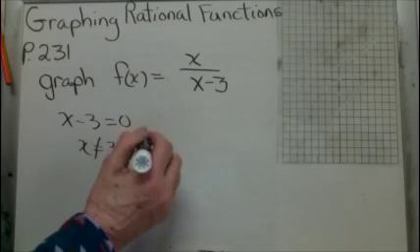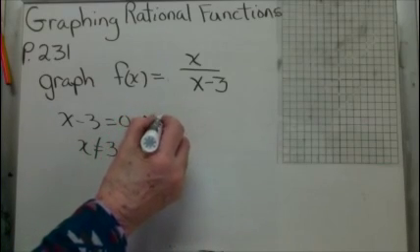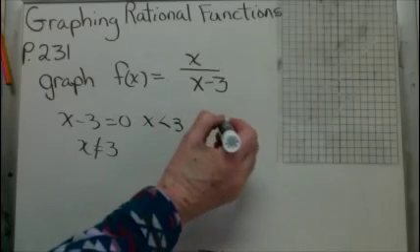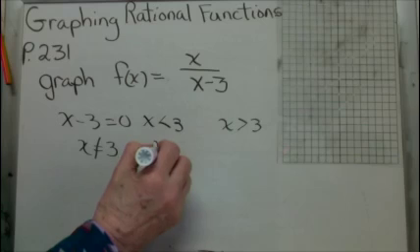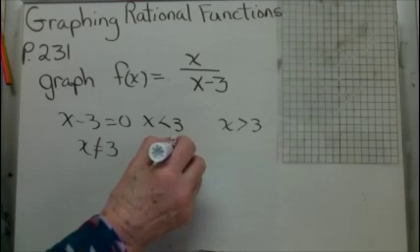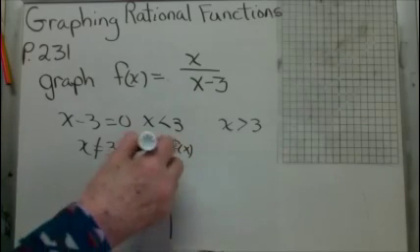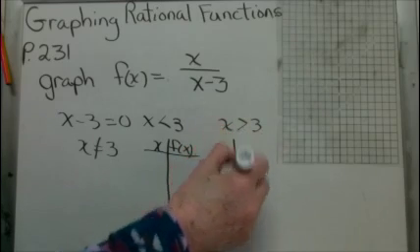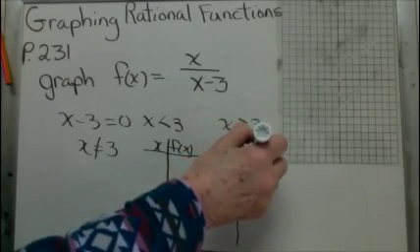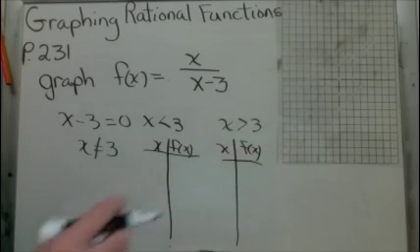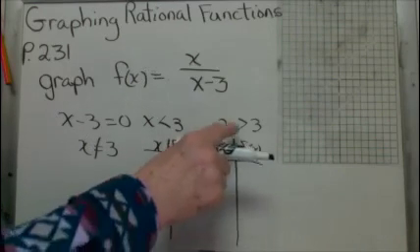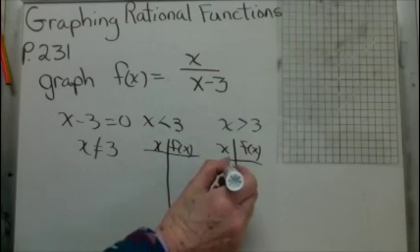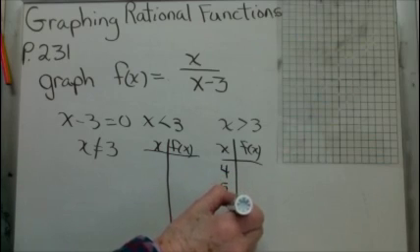So we want to do a table for x less than 3 and another table for x greater than 3. And then you're just going to figure out some points by plugging in some numbers, and then make a table of values to see what happens. And as you do that, if I start taking x greater than 3, I might look at 4, 5, 6.